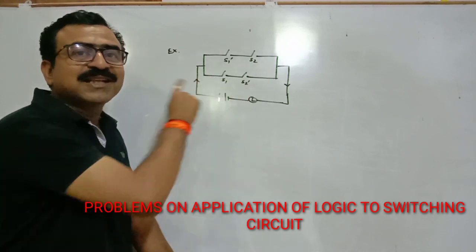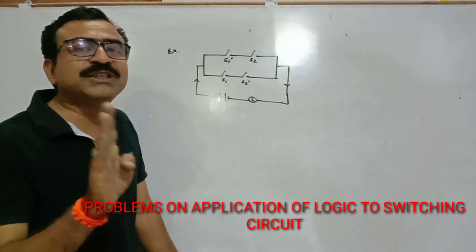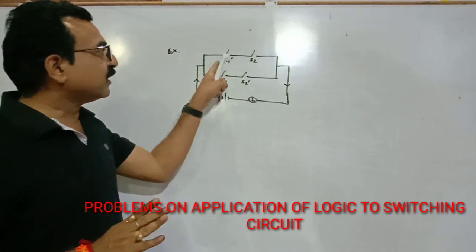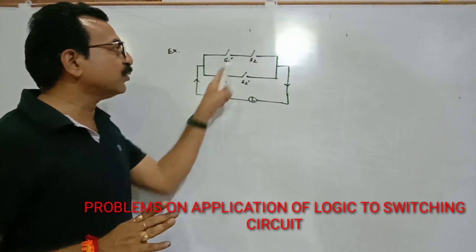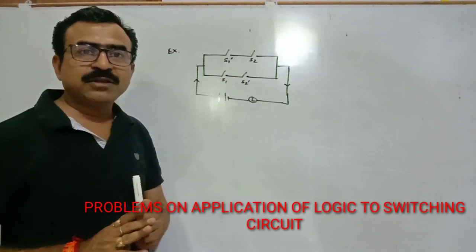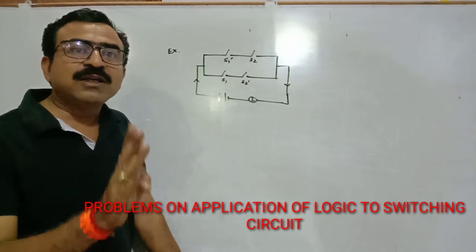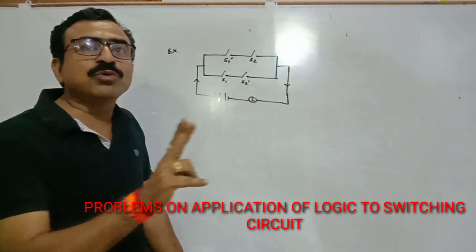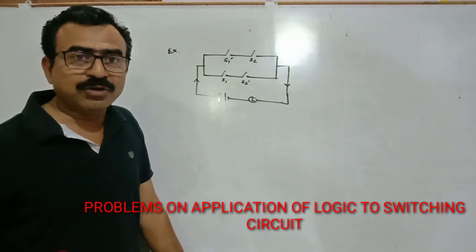In this circuit diagram, a total of 4 switches are used. That is S1 dash, S2, S1 and S2 dash. Out of these 4 switches, 2 are the main switches and 2 are the complementary switches.